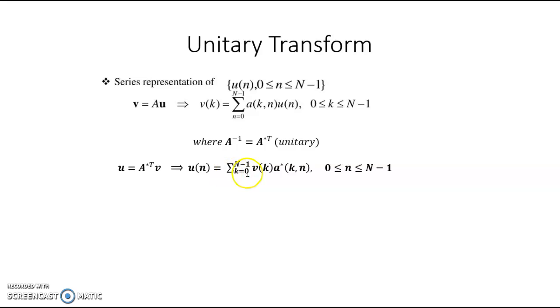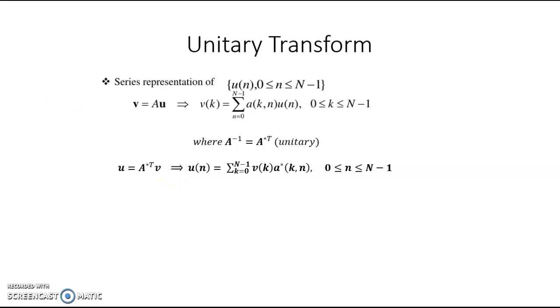So I can write u(n), the nth term, as the sum over k equal to 0 to N minus 1 of v(k), the transform coefficients, into a_k star (n), where A represents our basis. So we have the expression v equal to A into u, a unitary transformation for a one-dimensional sequence, and u equal to A conjugate transpose into v.